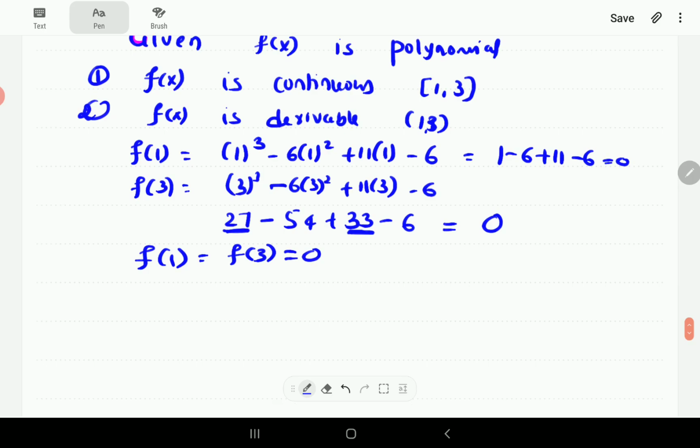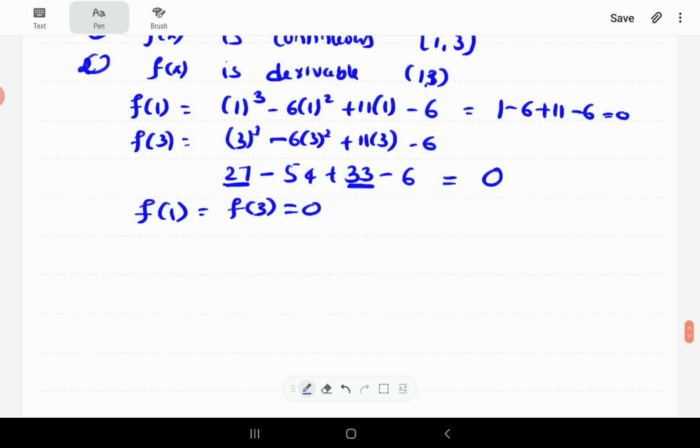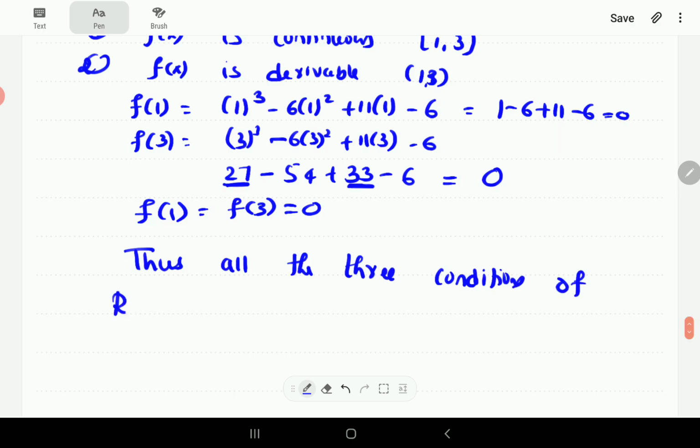So these three conditions are satisfied, right? So hence all the three conditions of Rolle's theorem are satisfied.